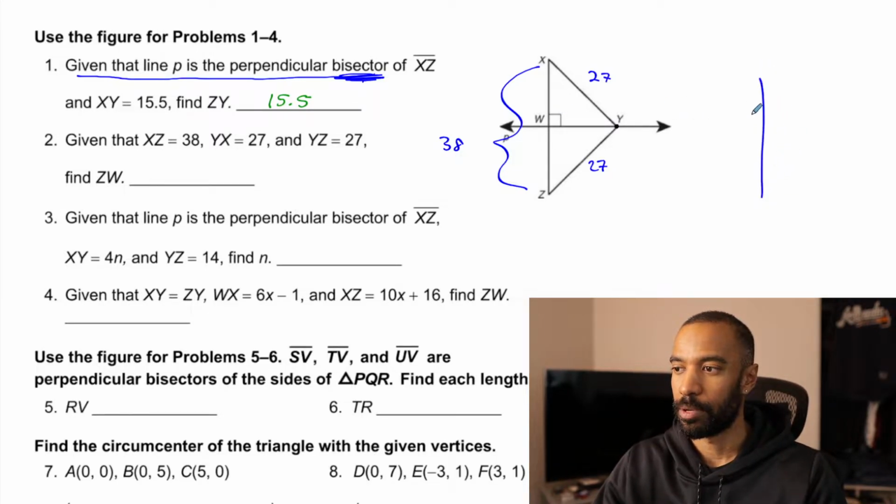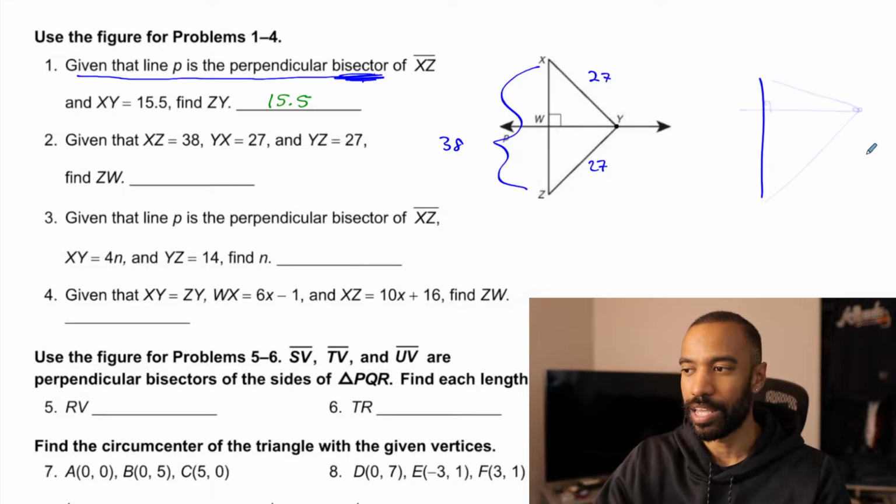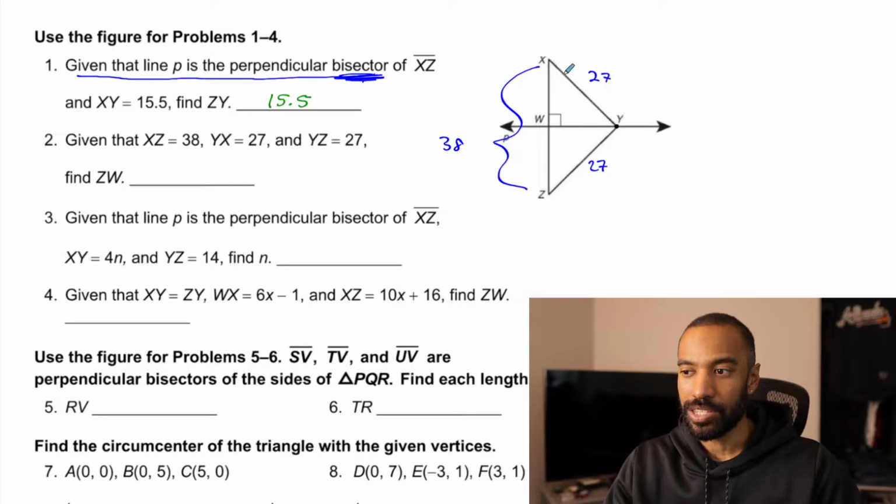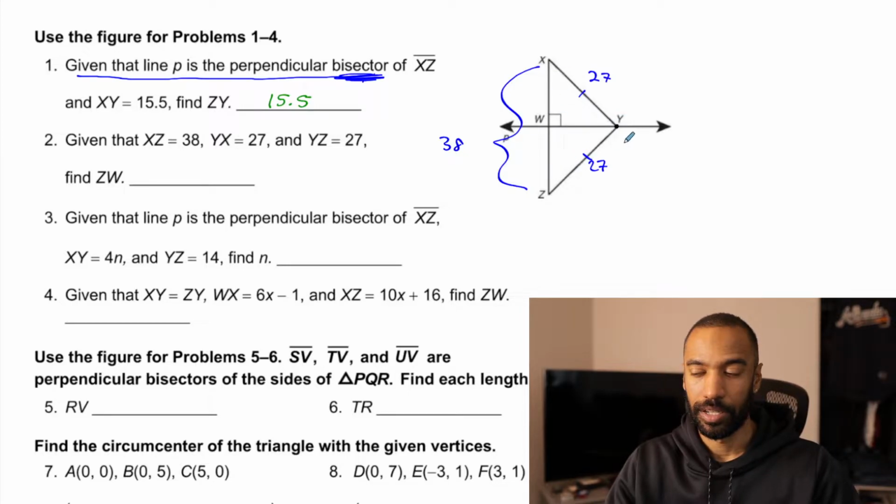These are perpendicular, right? Does that make this congruent to that? Of course not. It needs to be a bisector as well. We don't know that it is. What we do know is that these two segments are congruent to each other. These two segments have lengths that are equidistant to the endpoints of a segment from a point that is on a line that is perpendicular to that segment.